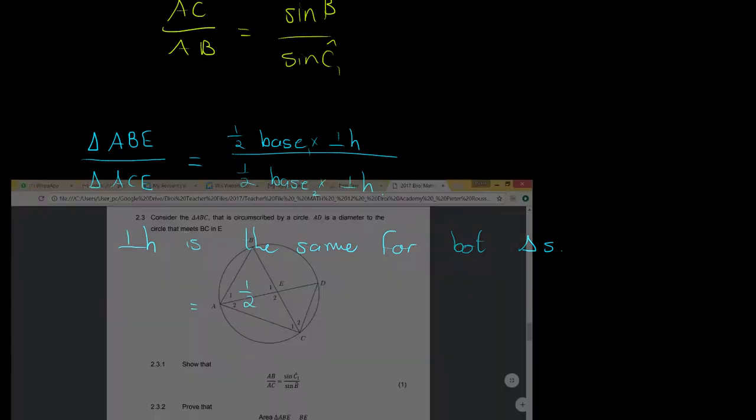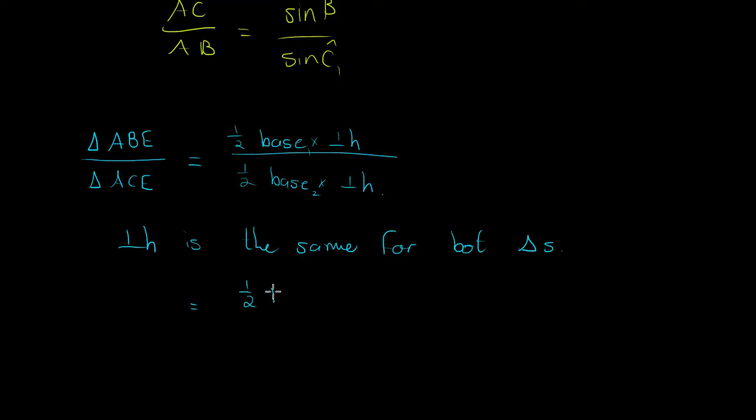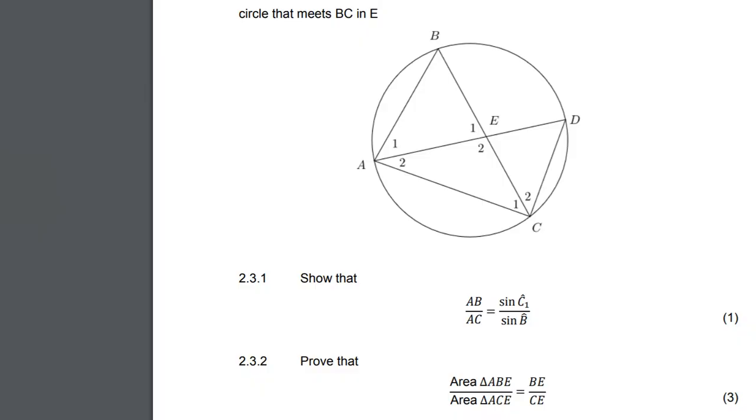The base for the one is BE and for the other one is CE, so it's a half BE for the one divided by a half CE for the other one, and this would have cancelled because they're the same value, so the same height, and the halves also cancel. You could have done that there and you've got it. It's not difficult at all.